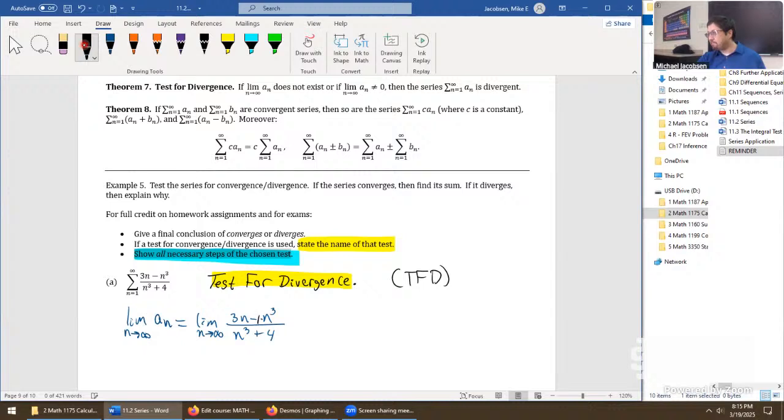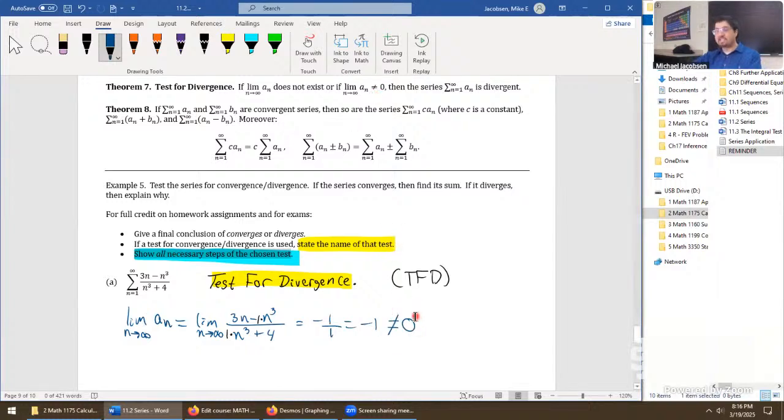And just to highlight what we've got going on here, it's a rational function with a tie in the degree of numerator and denominator. So we just pull out the coefficients, -1 divided by +1, or just -1. Showing all steps of the chosen test means we also have to say not equal to 0.